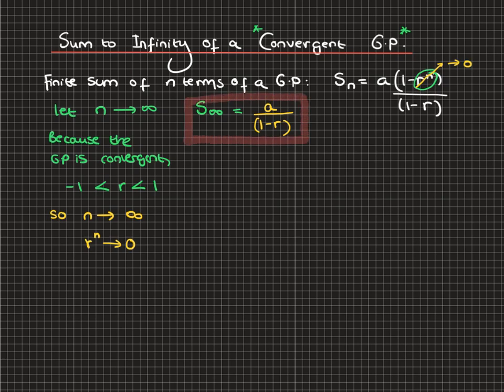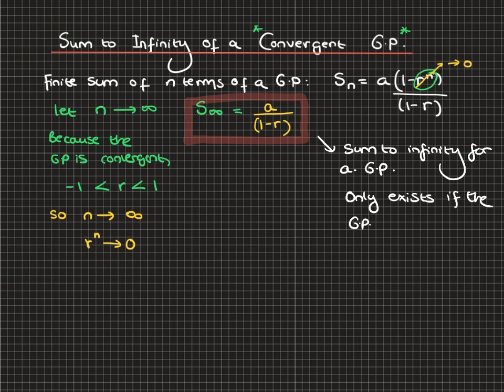It allows us to calculate the sum to infinity for a geometric progression. Now, this sum to infinity only exists if the geometric progression converges, i.e., if r is between 1 and -1. It will not exist otherwise.